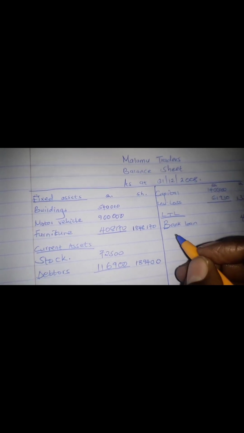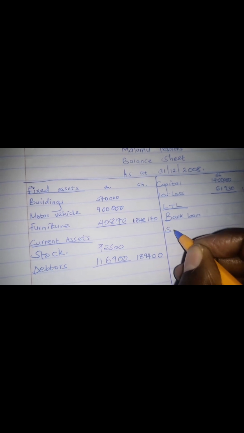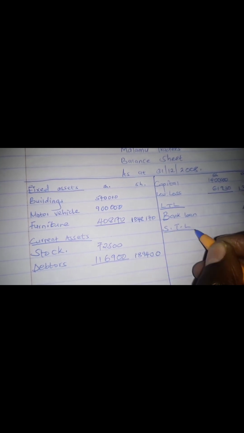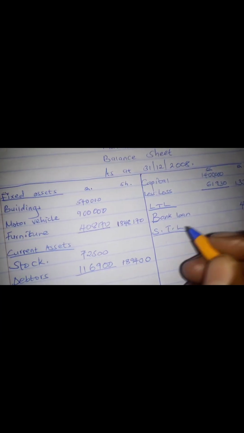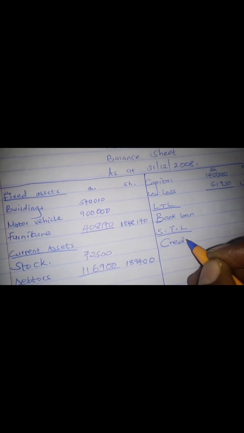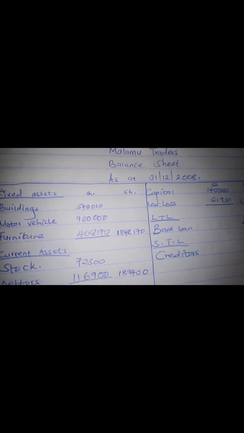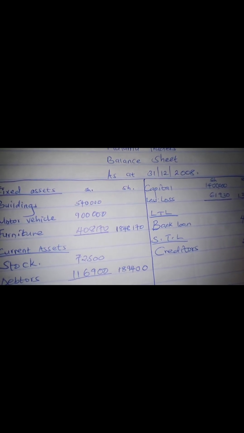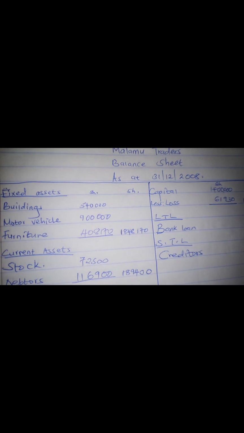Then we move to the short-term liabilities, or you can call them current liabilities, no harm. There we have creditors, 227,000.